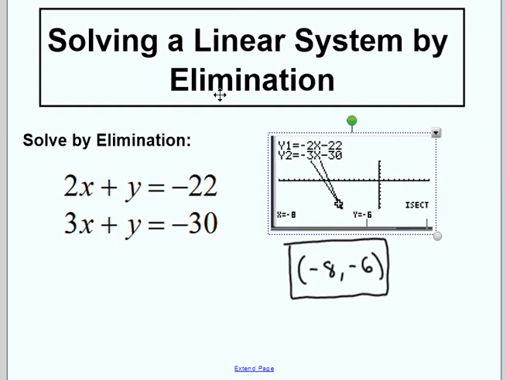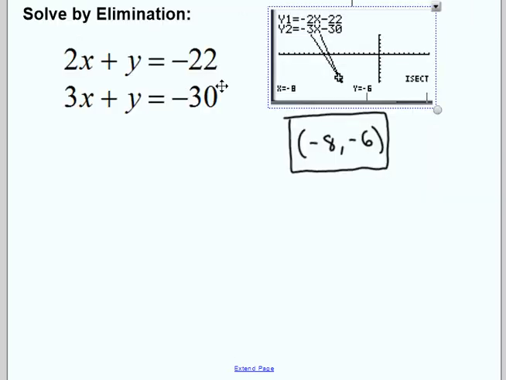Now, when we solve by elimination, that means we're going to want to eliminate one of these variables. If I look at these, this has a plain y here and this has a plain y here. So all I have to do is take this bottom equation and subtract it from the top equation.